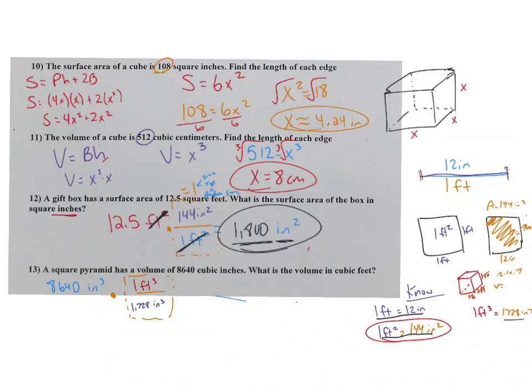So this top and this bottom, they're the same. The reason I put inches on the bottom is because I want those inches to cancel. So really to figure out this answer, I just do 8,640 divided by 1,728. And I end up with 5 cubic feet. That's it. The keyword is redundancy.